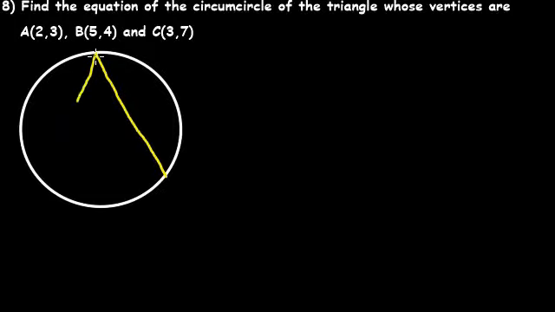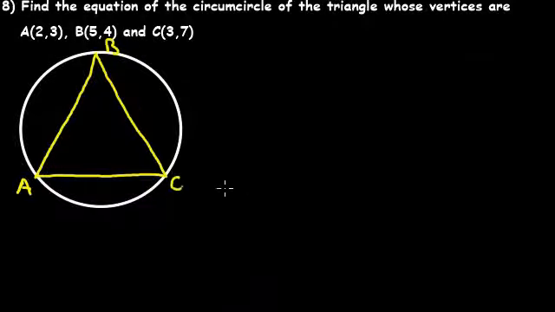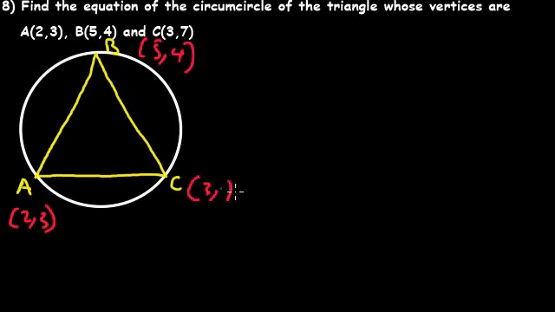Let this be A, B, and C. The coordinate of A is (2, 3), the coordinate of B is (5, 4), and the coordinate of C is (3, 7).